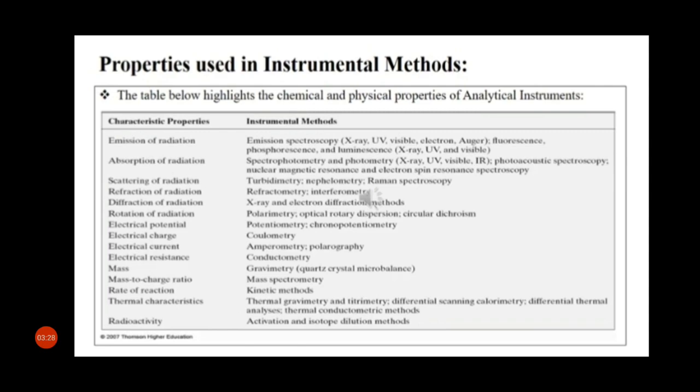And in radiometry, we use activation and isotope dilution methods. So these are the properties used in instrumental methods, and this table highlights the chemical and physical properties used in analytical instruments.